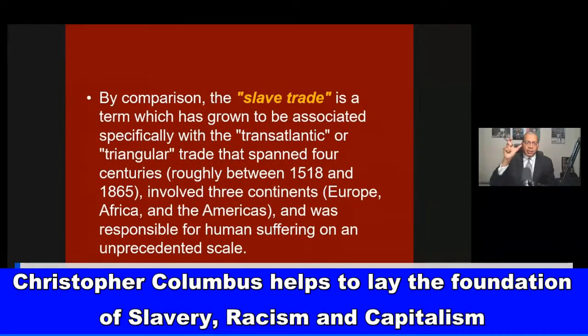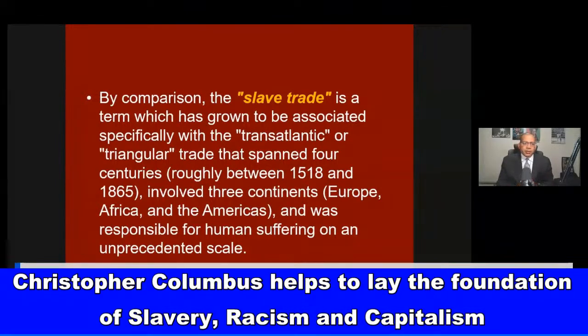By comparison, the slave trade is a term which has grown to be associated specifically with the transatlantic trade or the triangular trade that spanned centuries. It goes back to 1441, but some people put it at 1518 because that deals with the Asiento de Negros of August 1518, signed by King Charles V of Spain, which drastically expands the transatlantic slave trade and increases the need for enslaved African labor.